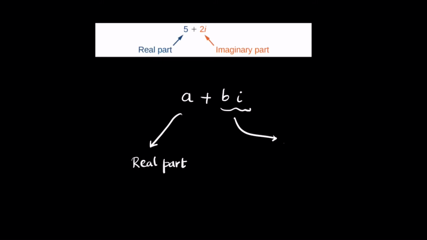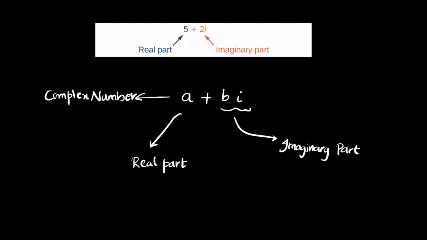A complex number has the form a plus bi. Here a represents the real part of the number and bi represents the imaginary part of the number. And the combination is called a complex number.